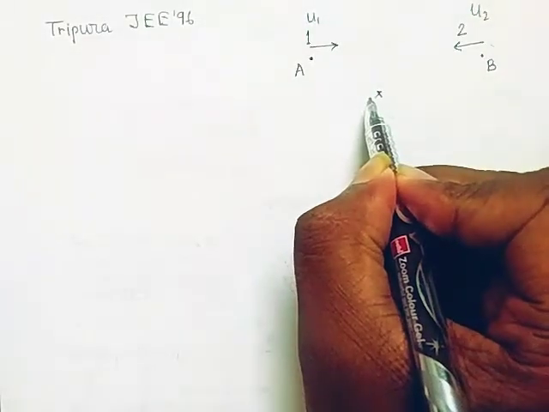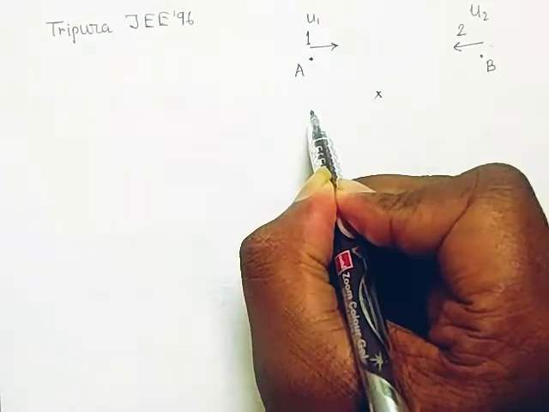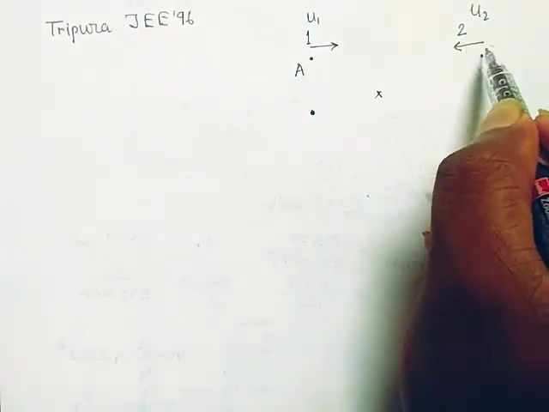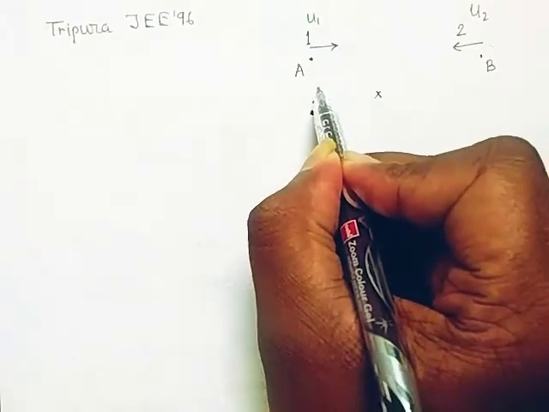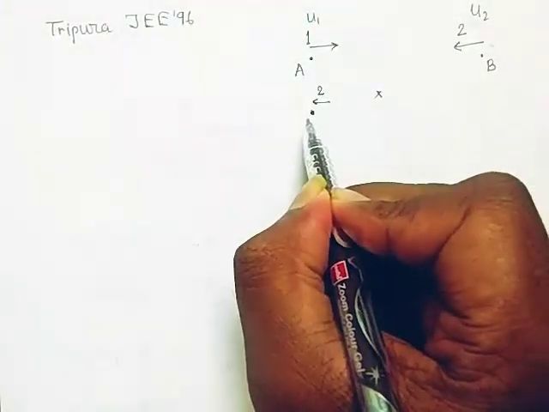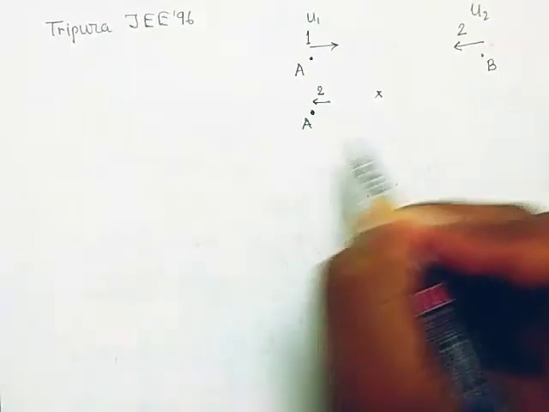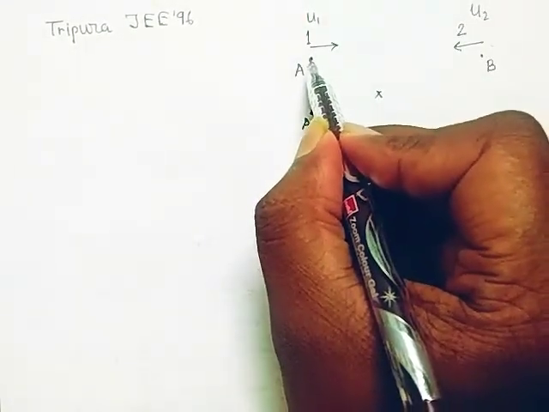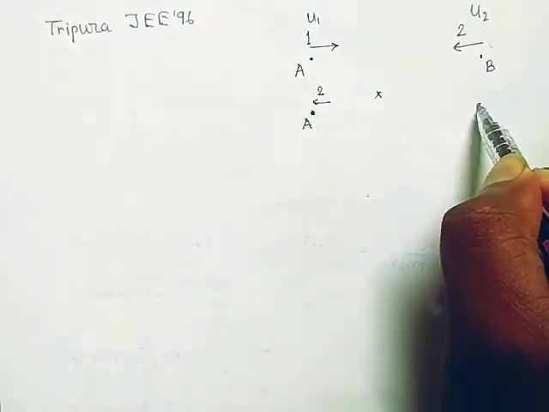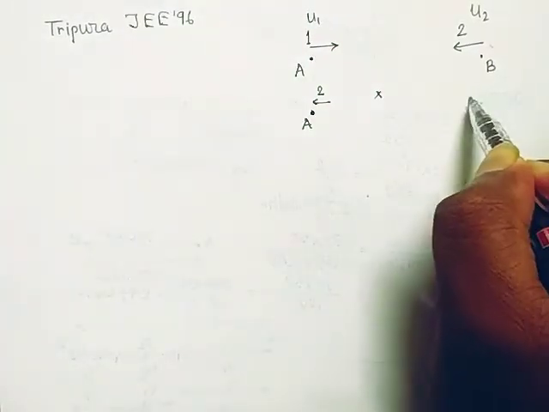After that, train 2, which originated from station B, reaches station A, and train 1, which started its journey from station A, reaches point B.